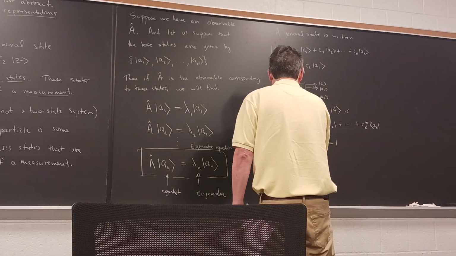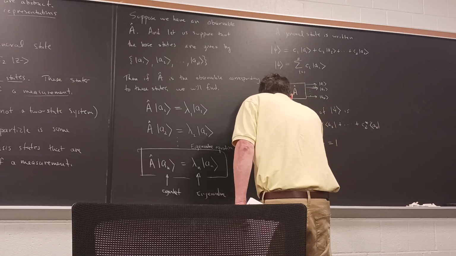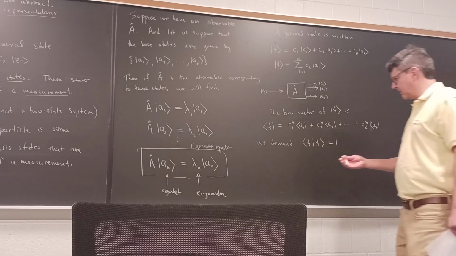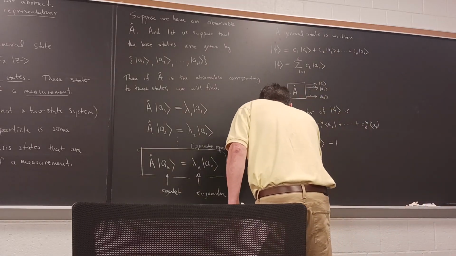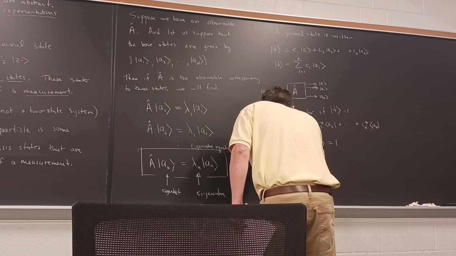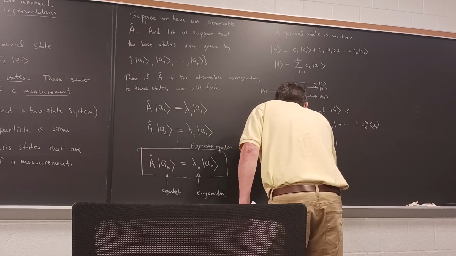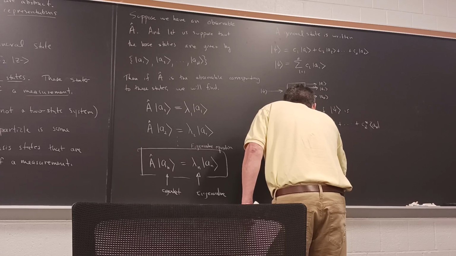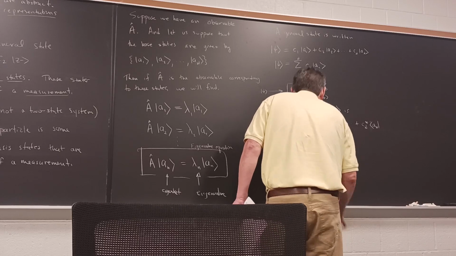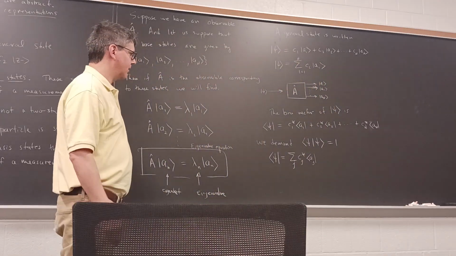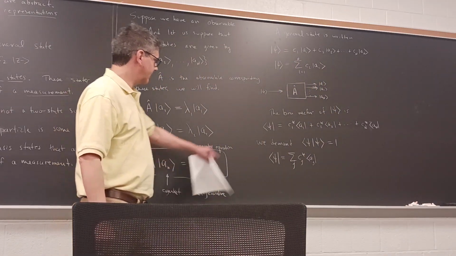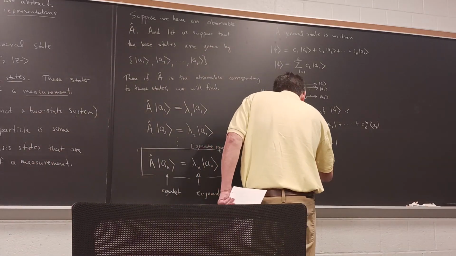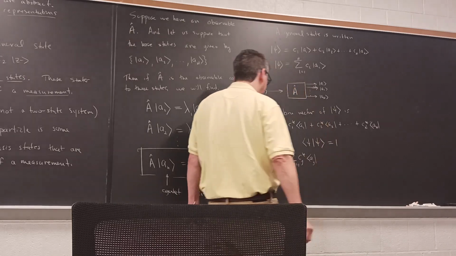Well, let's do this in a general fashion. The bra vector we can write is the sum over j of Cj star Aj in general. I'm just rewriting this expression, where the sum goes from 1 up to n.